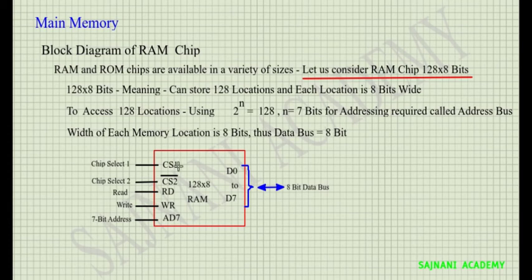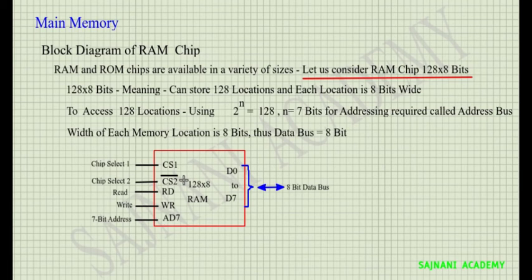The first signal is CS1, that is chip select 1, and the other one is chip select 2. These two signals, chip select 1 and chip select 2, are responsible for making this RAM IC work. Now chip select 2 is inverted or complemented.